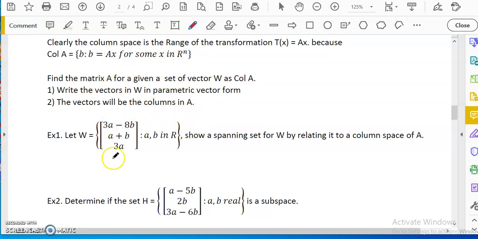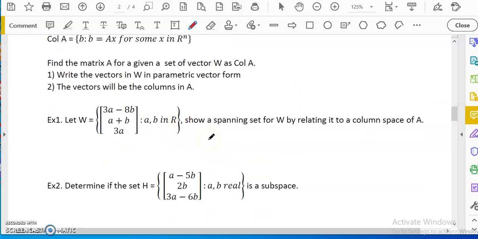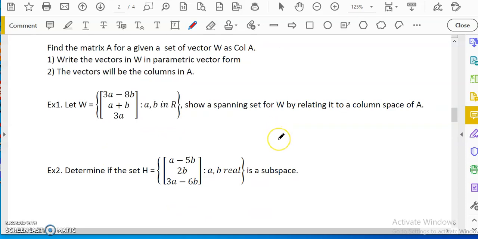So, find a matrix A for some vector as Col A. If someone writes me a vector, can I find a matrix A so that it is Col A? So if I have a vector that is 3a minus b, a plus b, 3a, what does it correspond to?